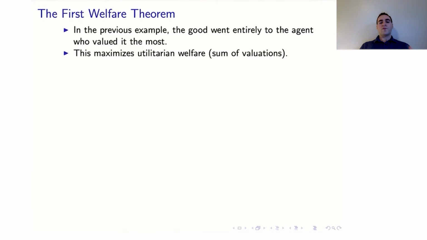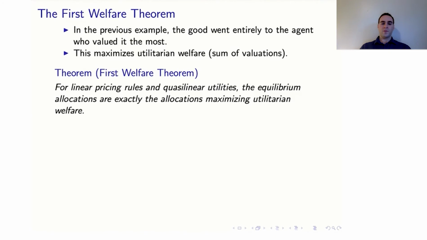We'll talk now about the first welfare theorem. In the previous example, what happened was the agent that valued the good the most got the entire good. And this is going to maximize the sum of valuations, also known as utilitarian welfare. This can be seen as the most efficient outcome. And the first welfare theorem tells us exactly this, that for linear pricing rules and quasi-linear utilities, all of the equilibrium allocations are exactly the allocations maximizing utilitarian welfare.